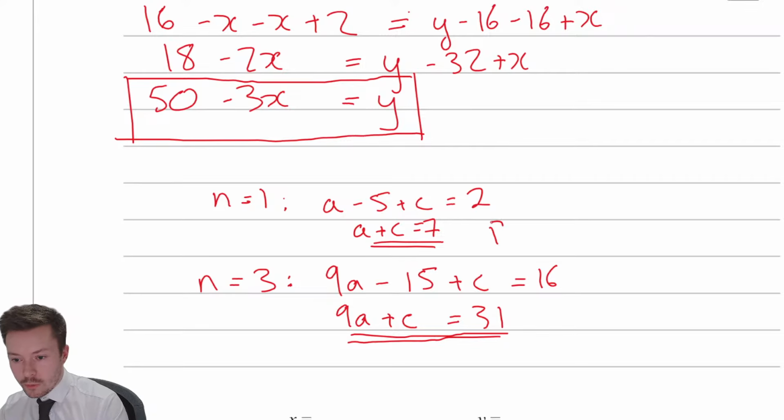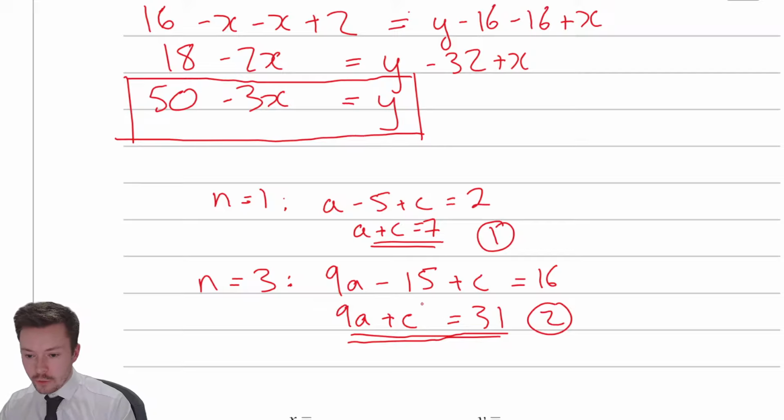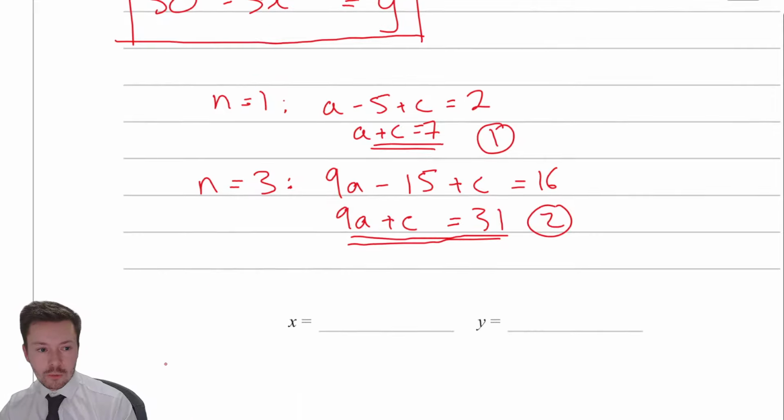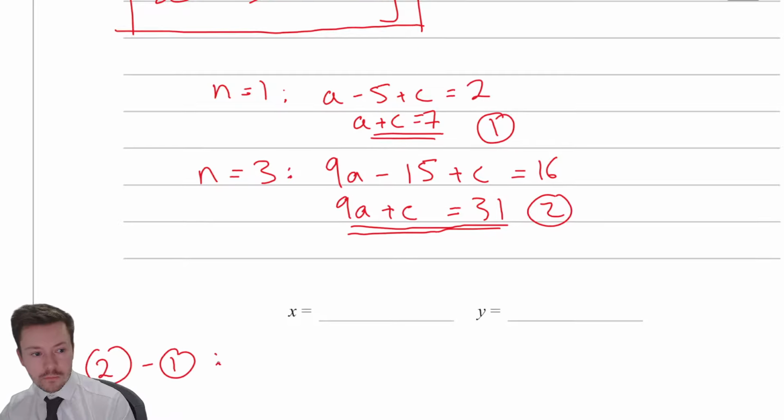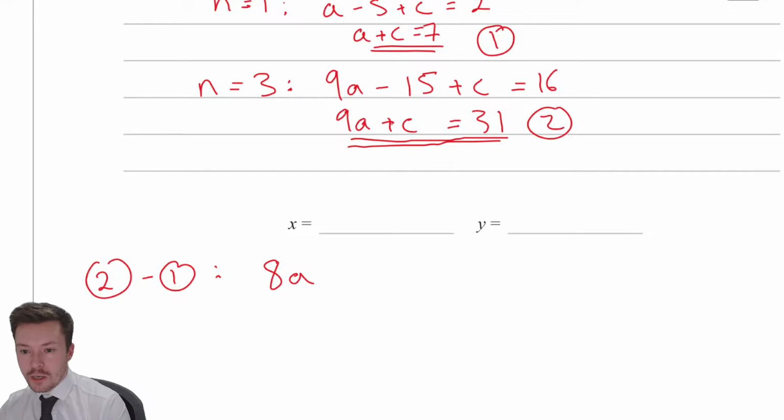I'm going to label these 1 and 2. I'm going to subtract the first one from the second one, so I'll need a bit more space here. Let's do equation 2 minus equation 1. And we are going to get 31, well actually 9a take a is 8a. C take c cancels. 31 take away 7, 30 take away 6 is 24.